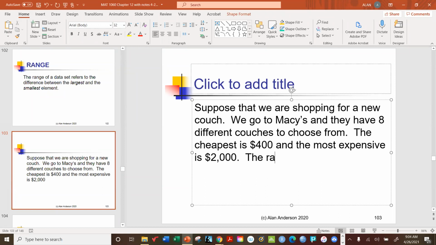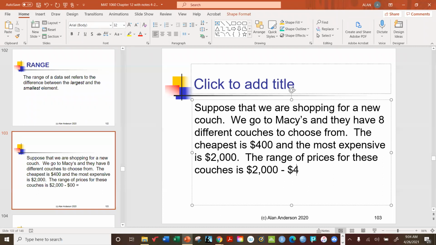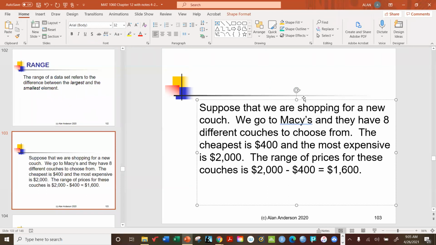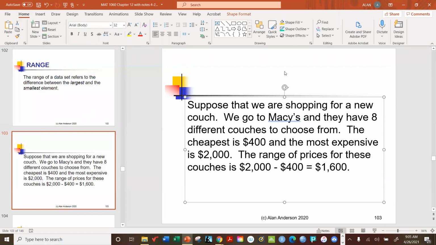So the range of prices for these couches is 2,000 minus 400, which is 1,600. Now that doesn't tell us which one to buy, but it does tell us that the range of possibilities is quite wide. We've got everything from the cheapest to the most expensive and everything in between. So the range is simply the difference between the largest and the smallest.